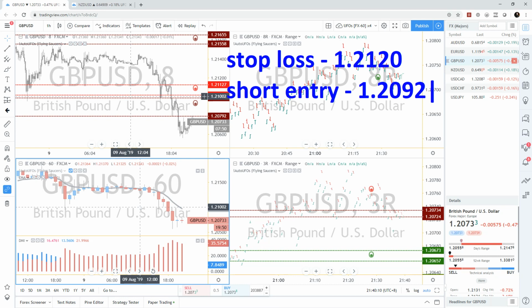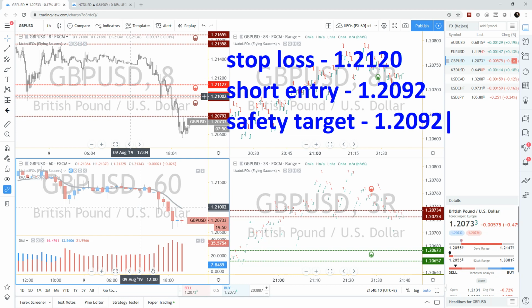Therefore, we got 28 pips of risk, and that would set your safety target to be located 28 pips below 120.92. So 28 pips below, if I'm not mistaken, would be 120.64.